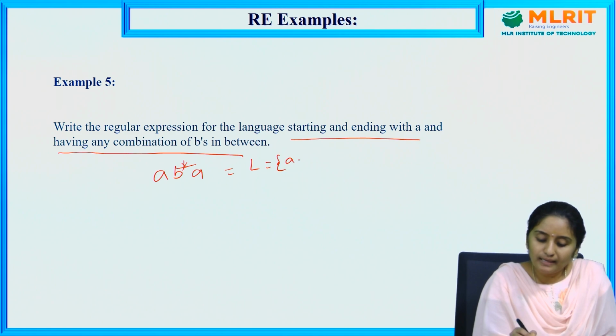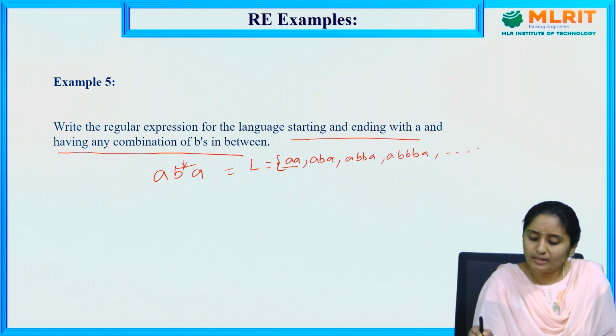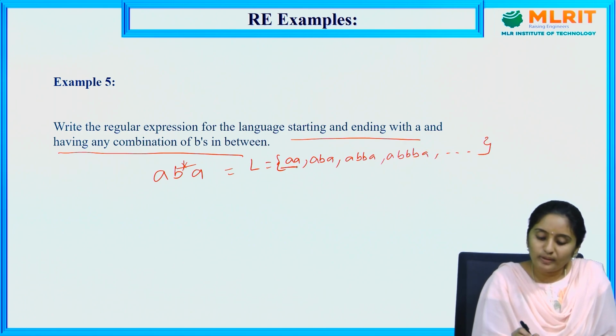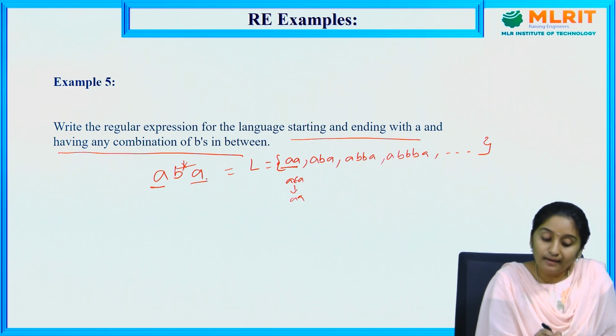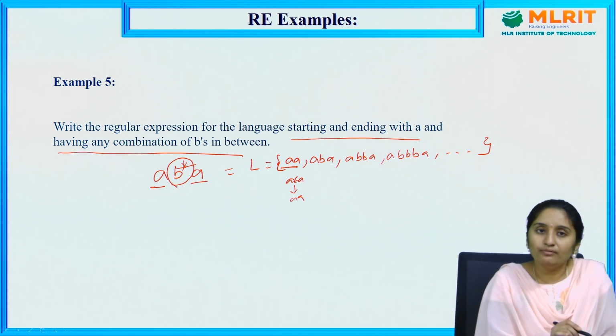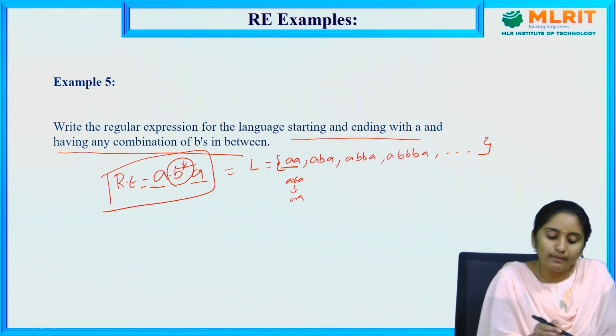The starting and ending is A. So AA, in between I can have B's. ABA, ABBA is also accepted, and so on. Here there is no B, which is zero occurrences: A epsilon A is nothing but AA. So the starting is A, the ending is A, but in the middle any combination of B's. So the regular expression is A B star A.